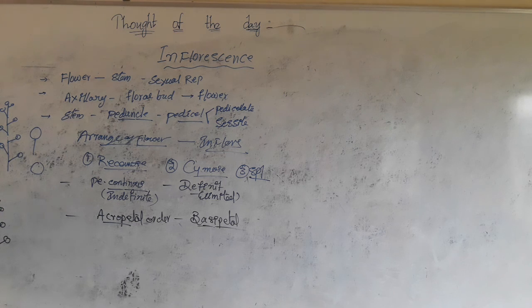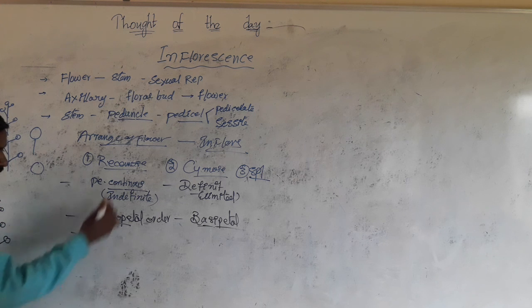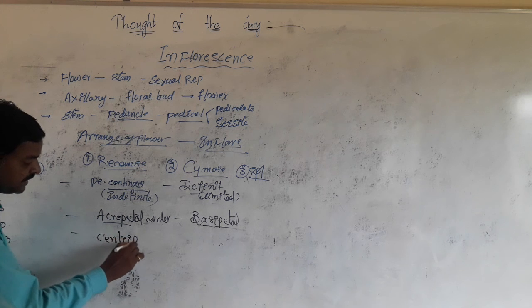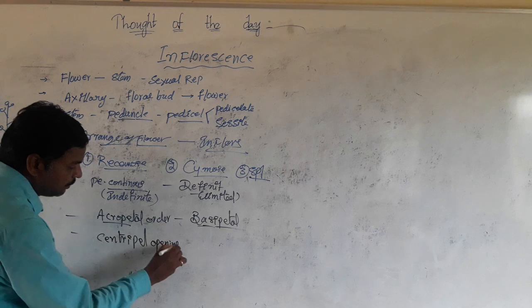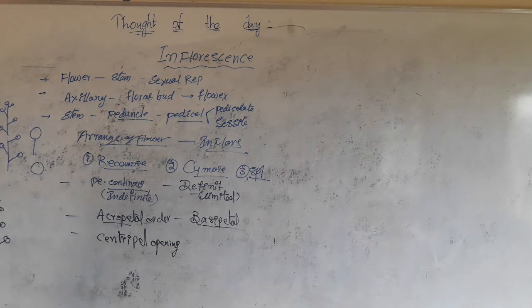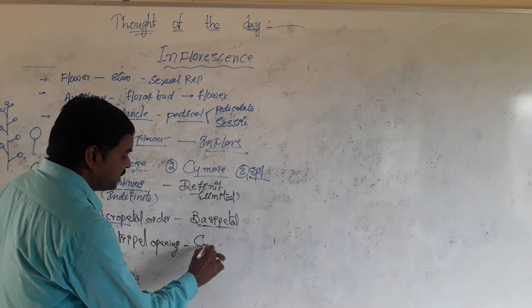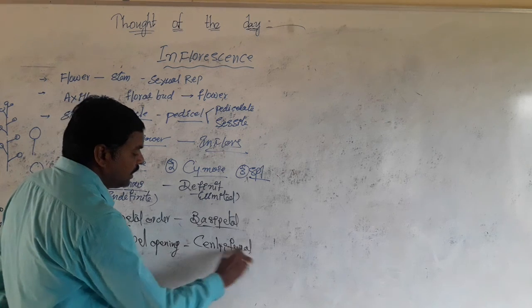So in case of condensed peduncles, flower opening in racemose inflorescence is centripetal opening. But the flower opening in cymose inflorescences is centrifugal opening.